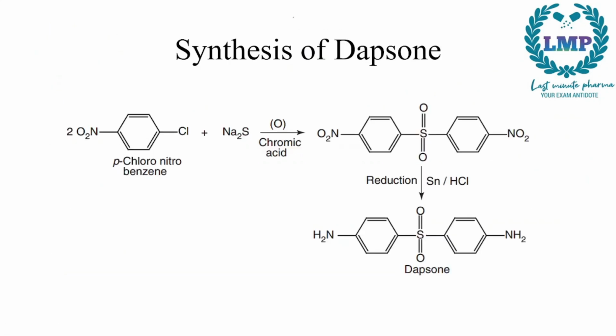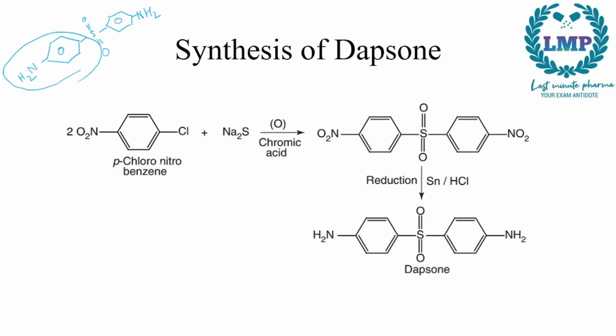Now moving on to the synthesis of dapsone. For the synthesis, first we will draw the structure of the final product of dapsone. So we have NH2, S double bond O, another benzene ring, and then NH2. We will start with this part.